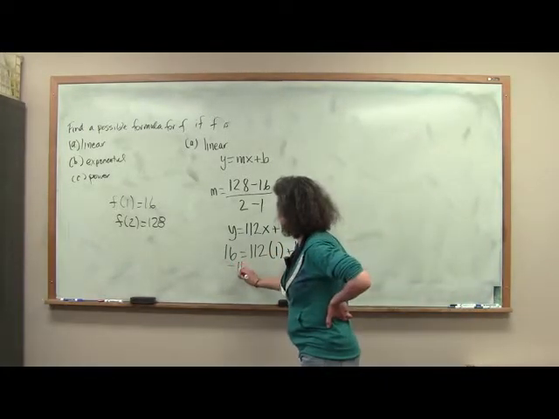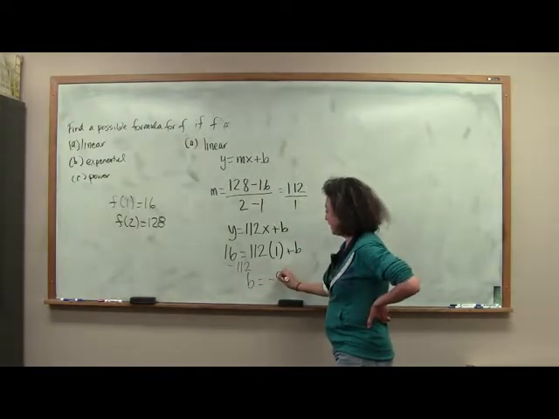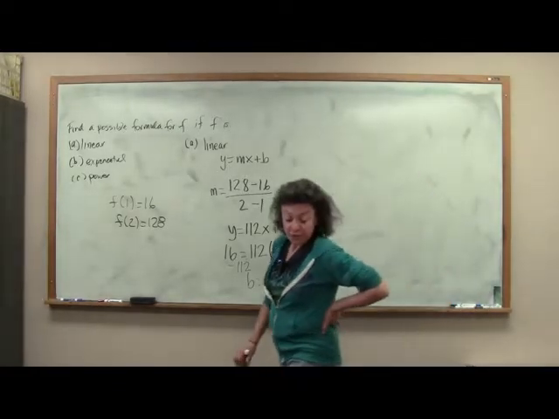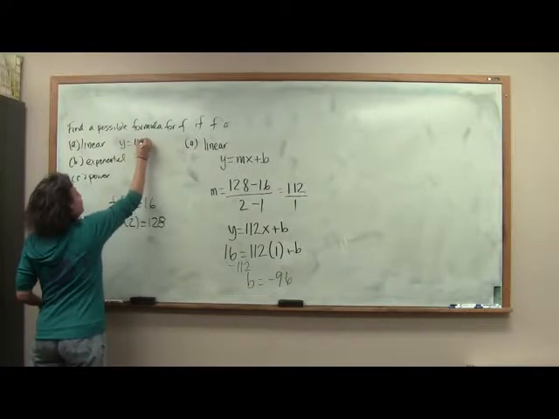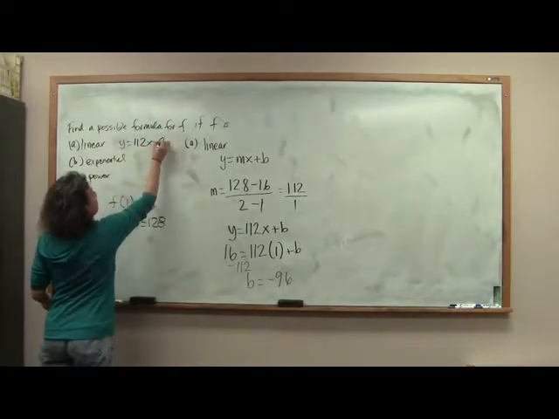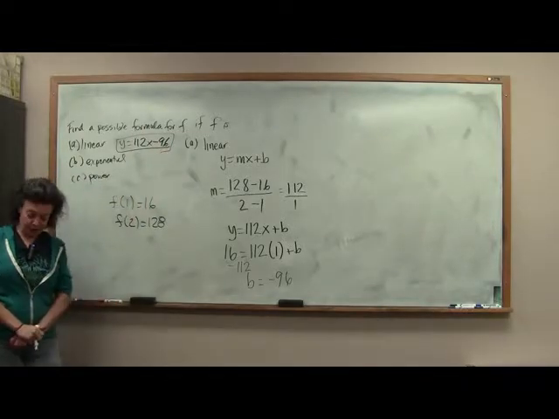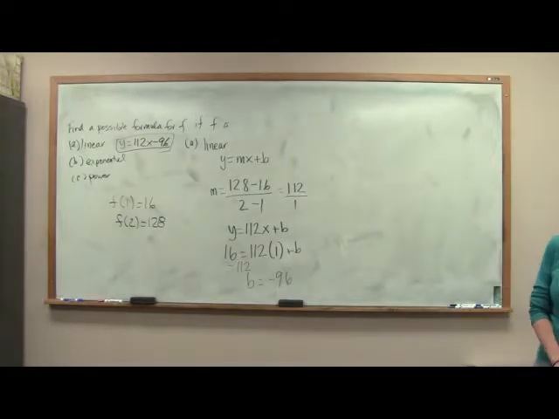The only thing we have to do is subtract 112 from both sides, and you're going to get b to be negative 96. So, our formula here is 112x minus 96.